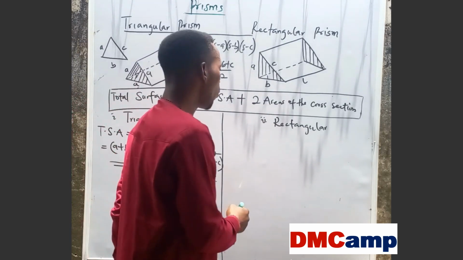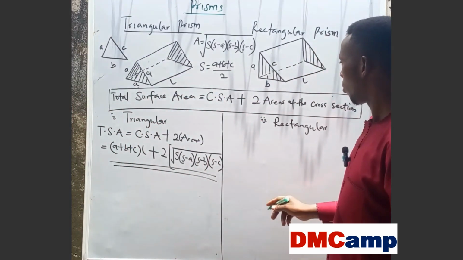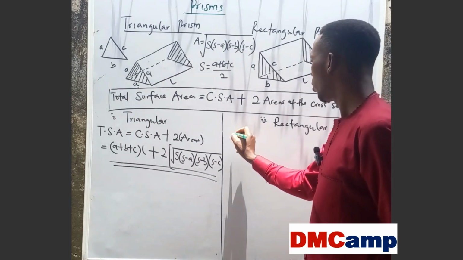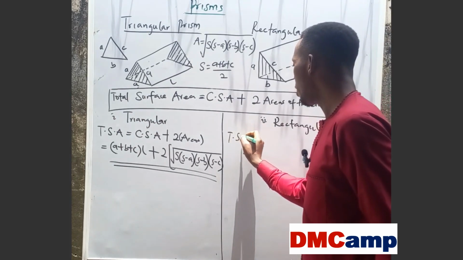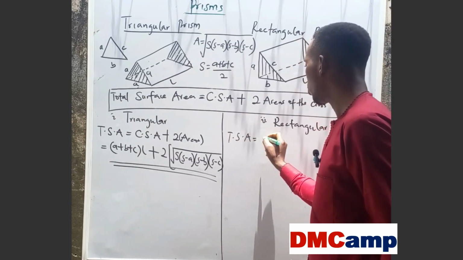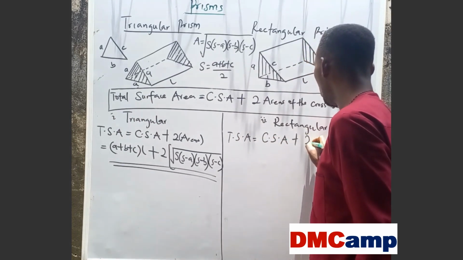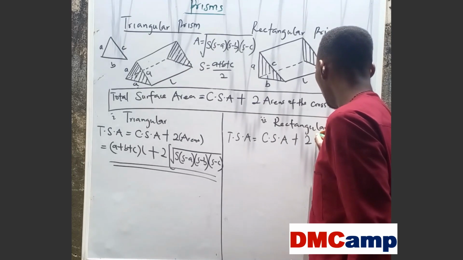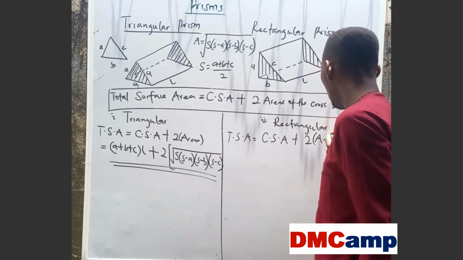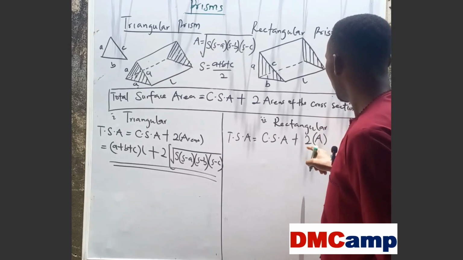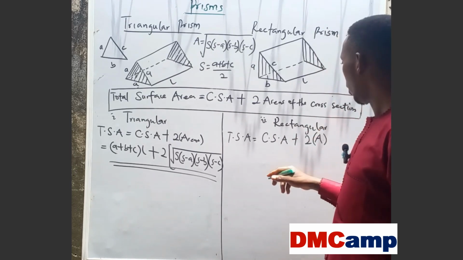Now let's see the one of the rectangular prism. We are using the same formula. Total surface area equals the cross surface area plus the two areas, that is the cross section areas.